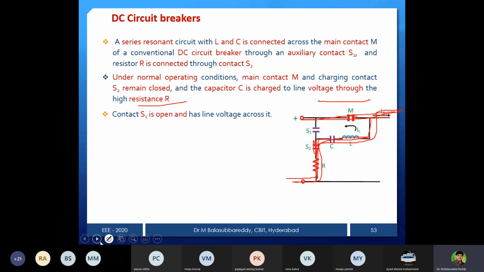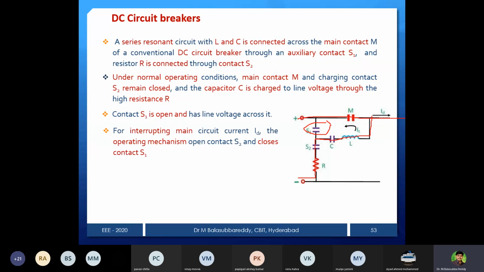If this is open and S2 is already closed, then the capacitor is going to charge through this path. So the capacitor C is going to charge, and S2 is on, but S1 is open. Initially, S1 is going to be open.